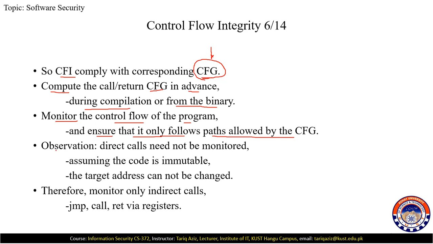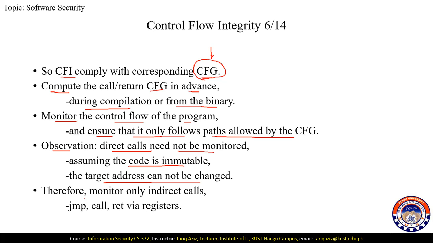But here we have some observations to note: if you have direct calls in your program, then they need not be monitored. Why? Because we are assuming that the code is immutable and the target addresses cannot be changed. So why do we need this CFG?